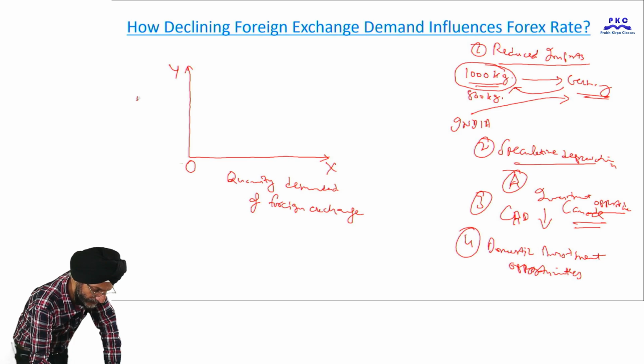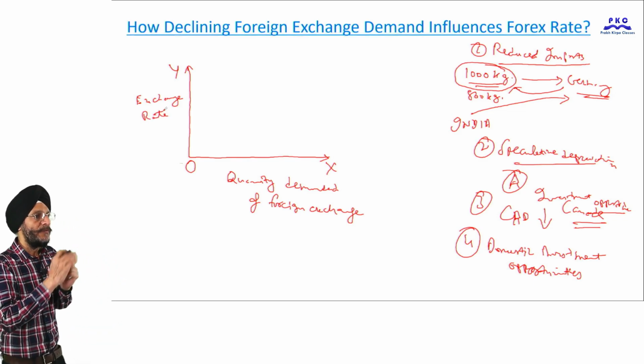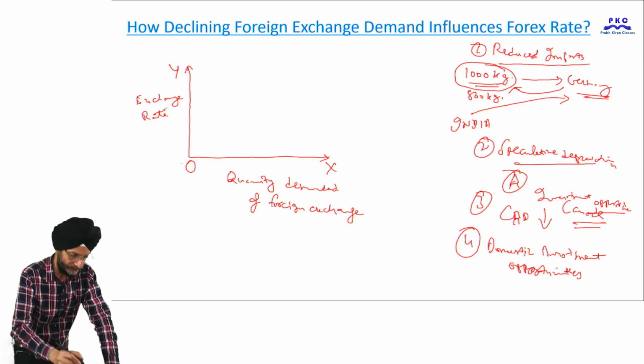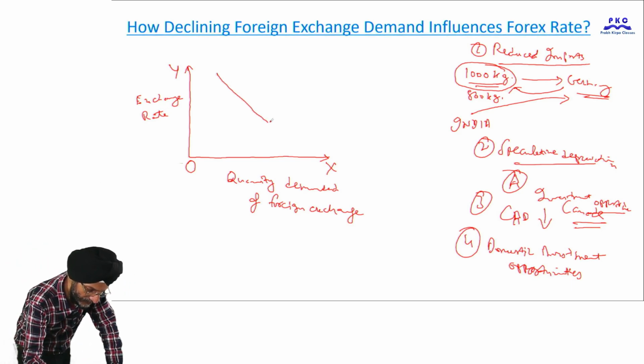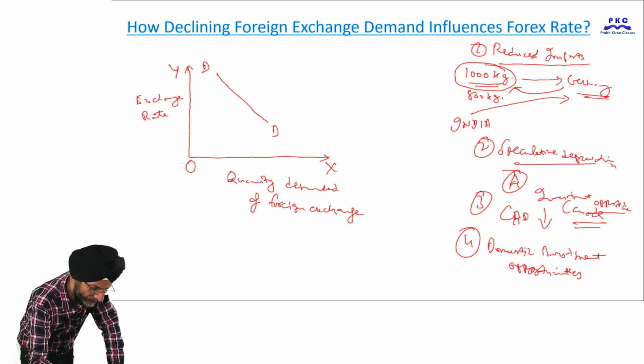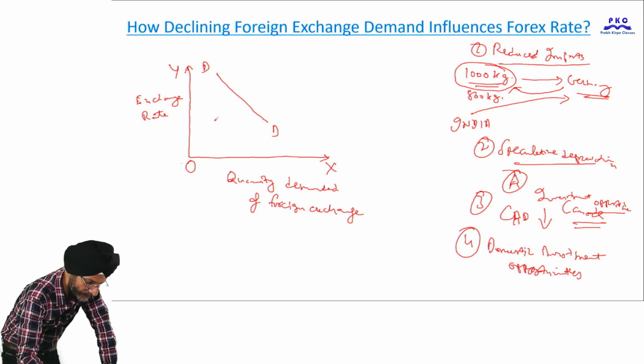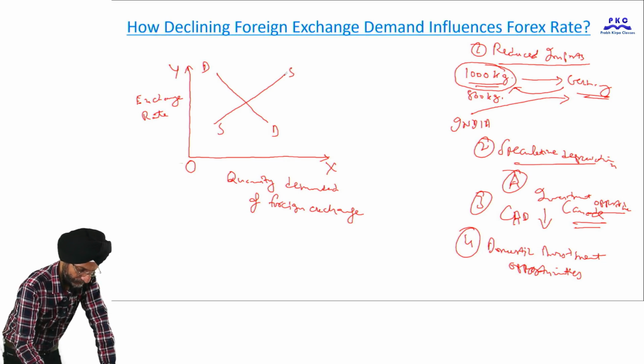On the Y axis it represents the exchange rate, or the price of foreign currency in relation to domestic currency. This is the demand curve, which is sloping downward. This is the supply curve, which is sloping upward.